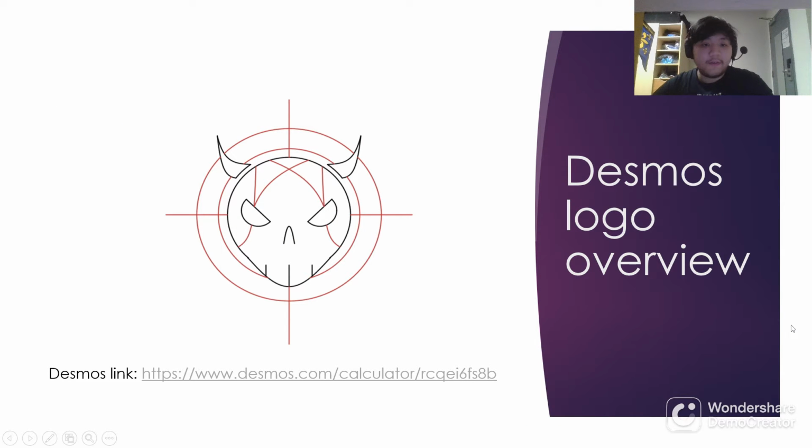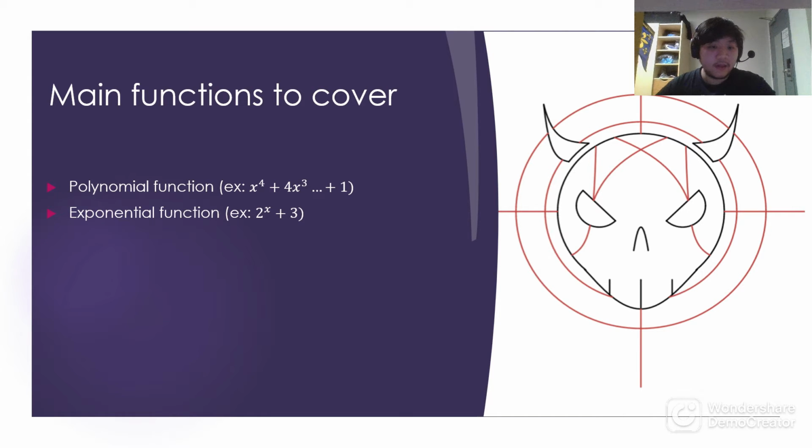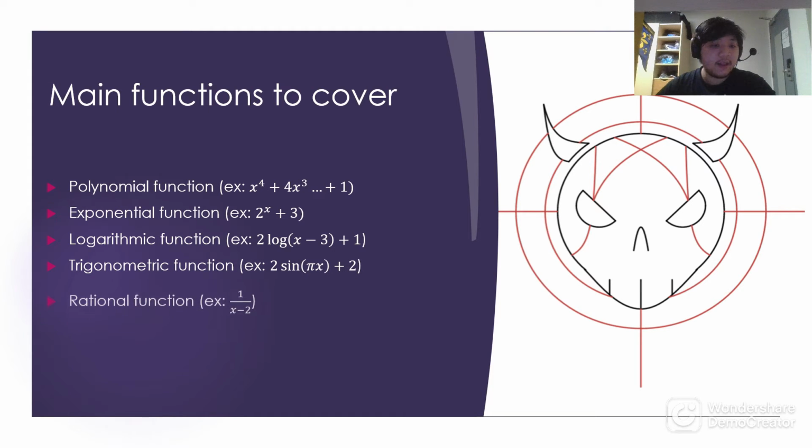Now, what are the 5 key functions that I have used to create such a logo? Those functions are the polynomial function, the exponential function, the logarithmic function, the trigonometric function, and the rational function.